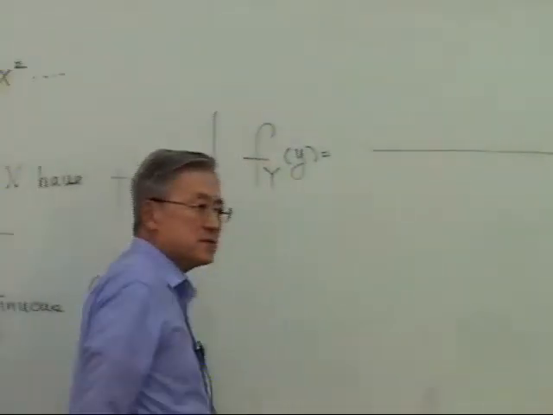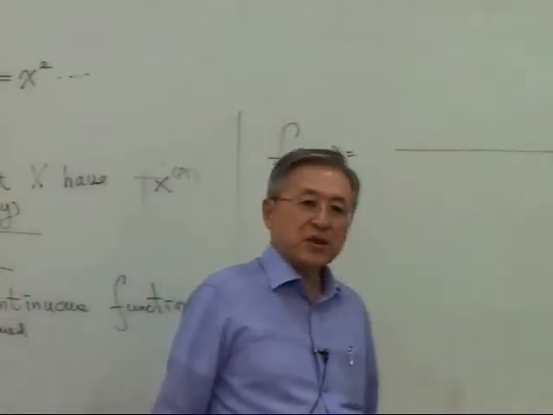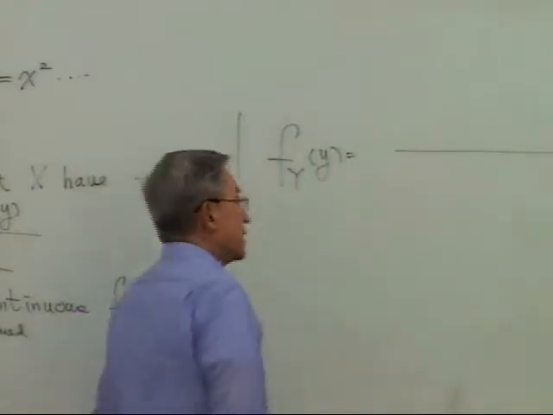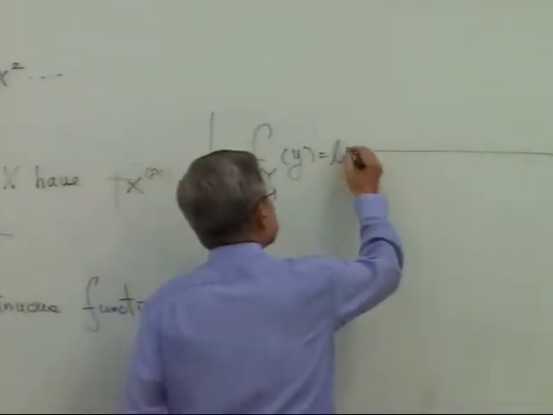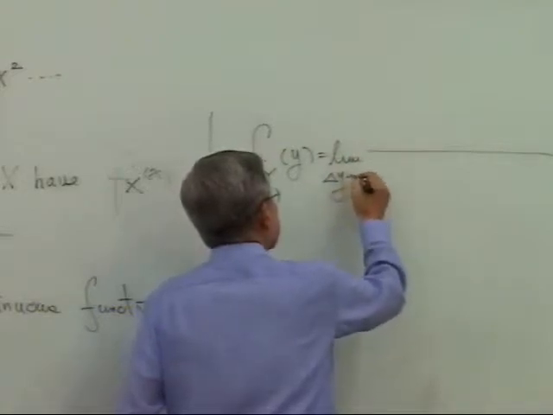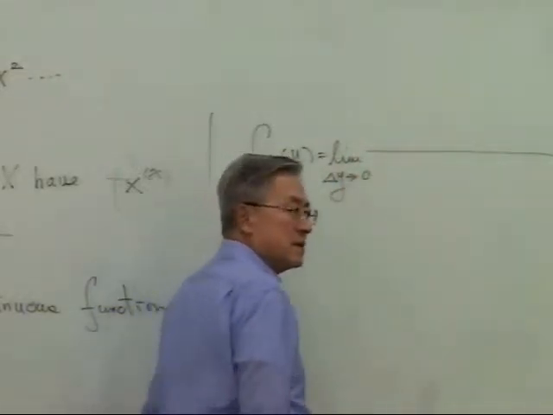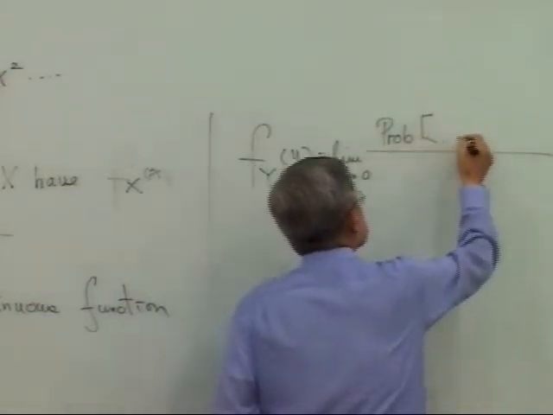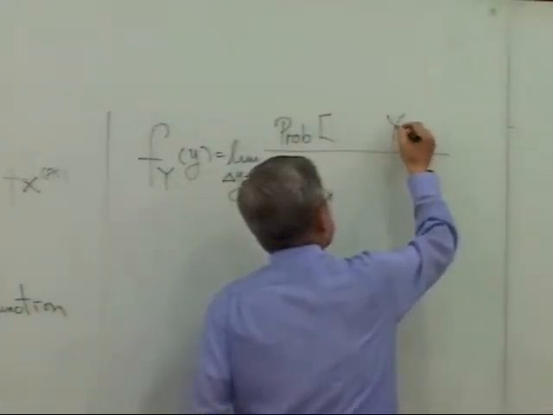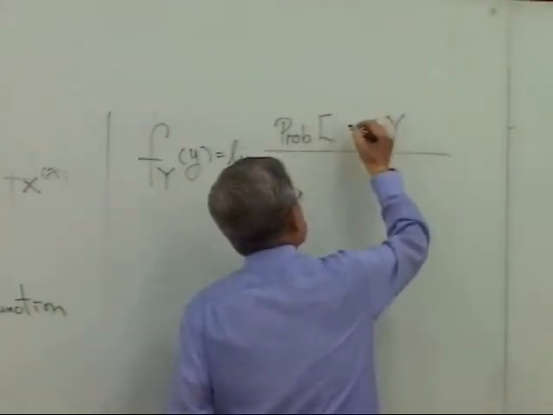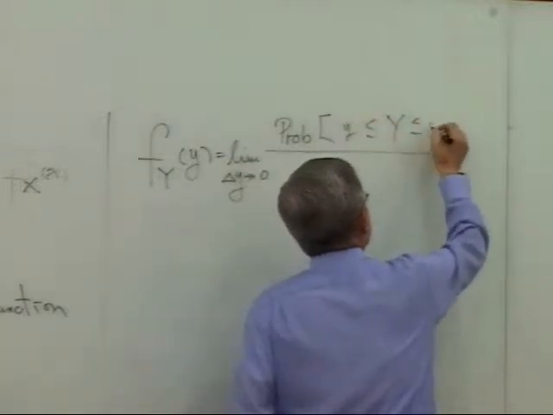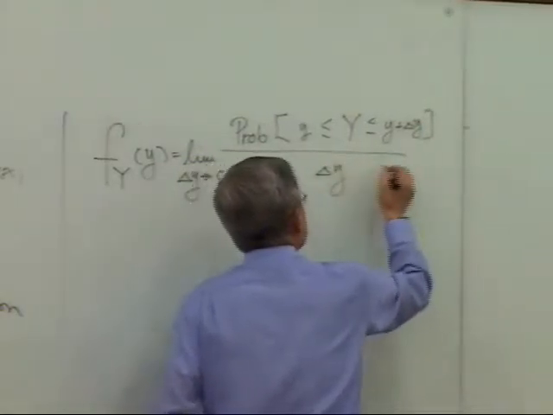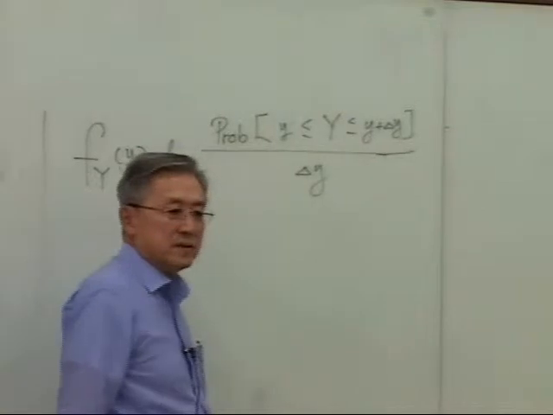You always start from the definition, the definition of the probability density function of y. The definition is the limit as delta y goes to 0 of the probability that the random variable is in y to y plus delta y, over delta y.